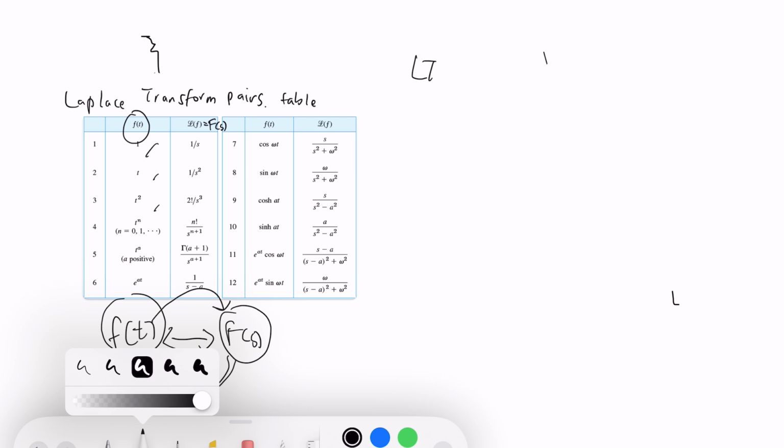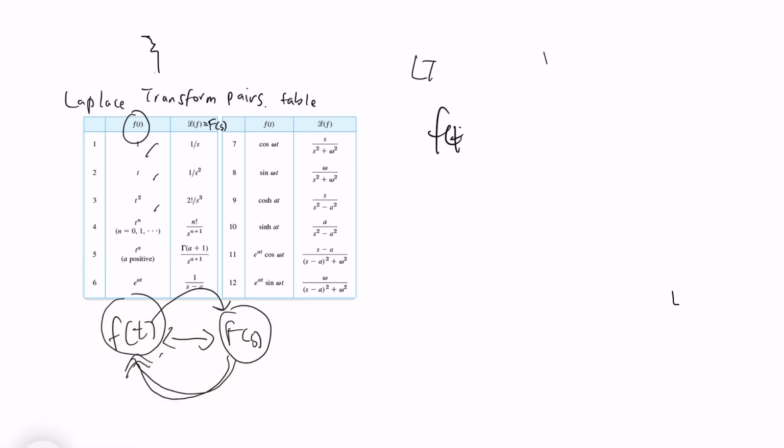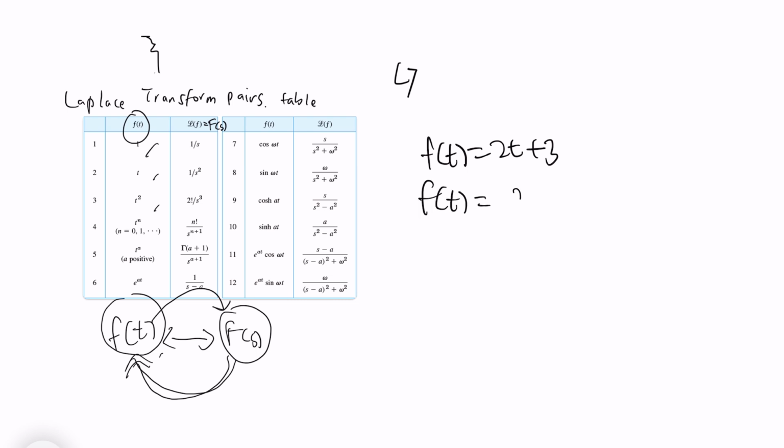Find the Laplace transform of f(t) equal to 2t plus 3. Okay, so step one, you break it into two parts. So f(t) is equal to 2 times t plus 3 times 1.